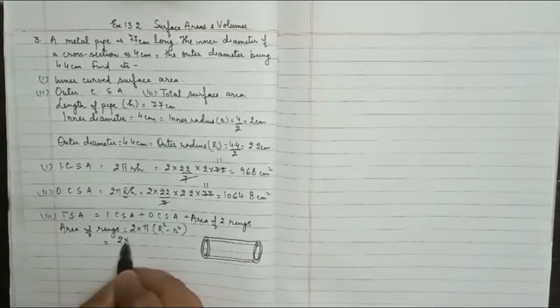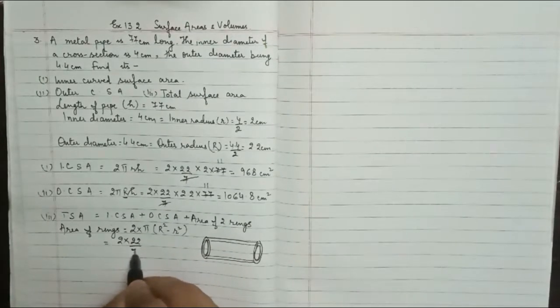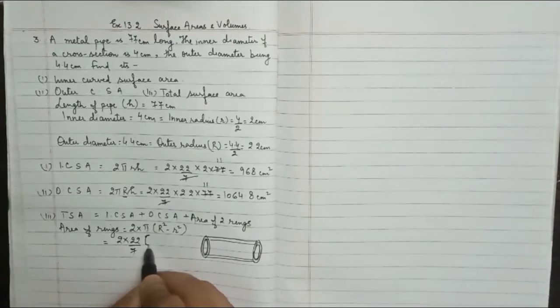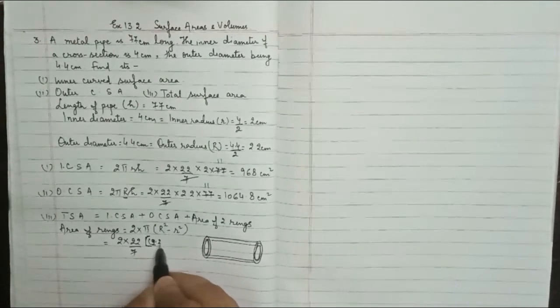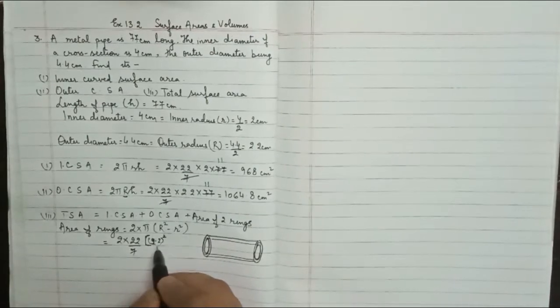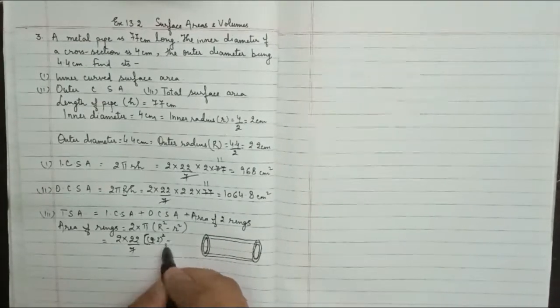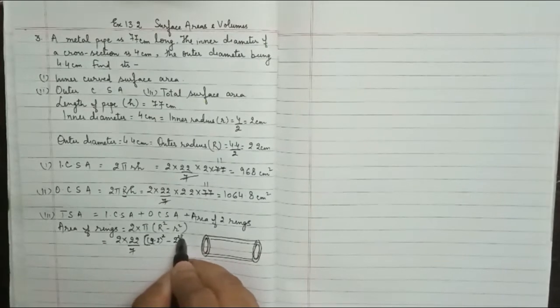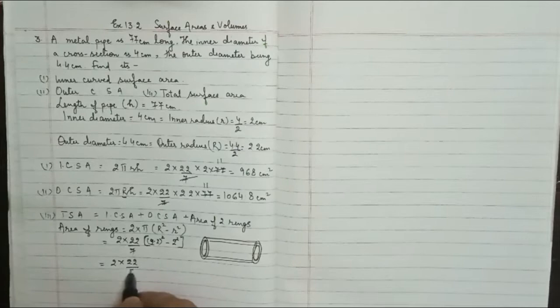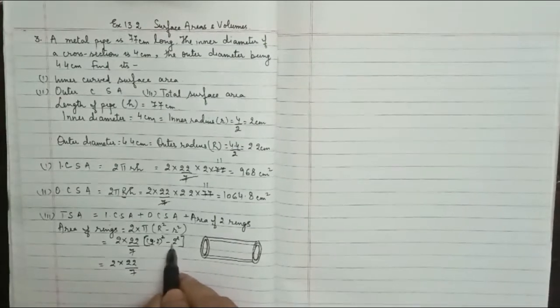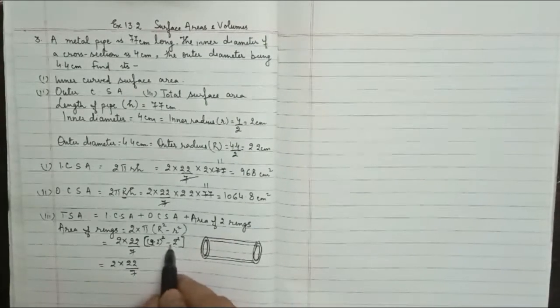This will be equal to 2 into 22 upon 7 into (2.2 square minus 2 square). Here we will use a square minus b square.